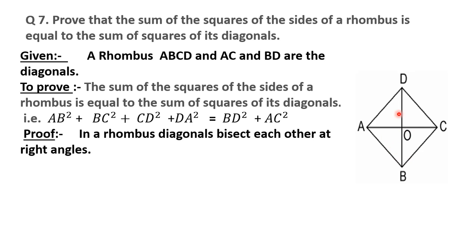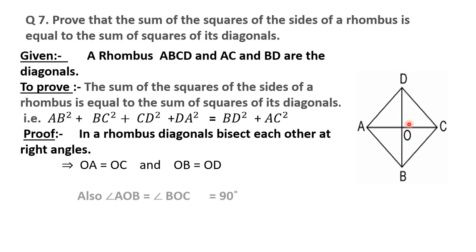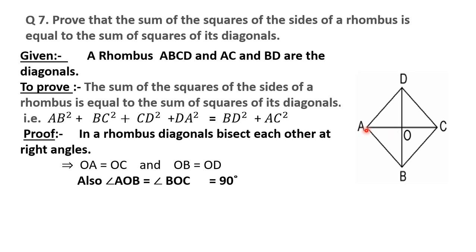So all these four triangles are right triangles and the diagonals bisect, that is OD is equal to OB and OA is equal to OC. By point O, both diagonals divide into two equal parts, and also angle AOB is equal to angle BOC is equal to 90 degrees, that is, all four angles at point O are equal to 90 degrees.